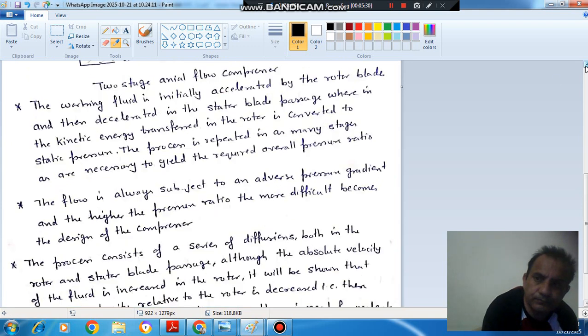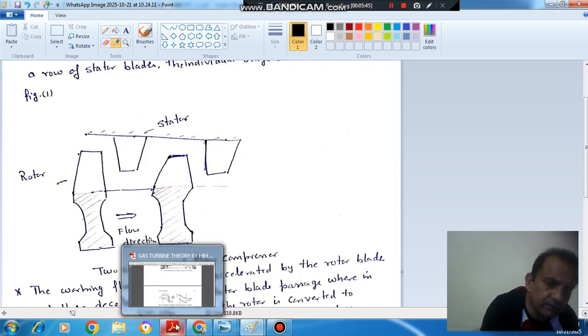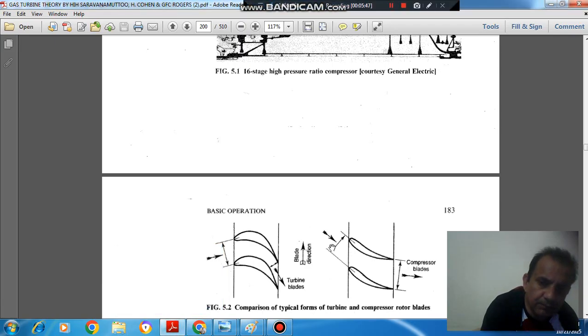Here the pressure is increasing and velocity is increasing, so we cannot have the same area at the inlet and at the outlet. For a compressor, this type of configuration should be there for the blade.